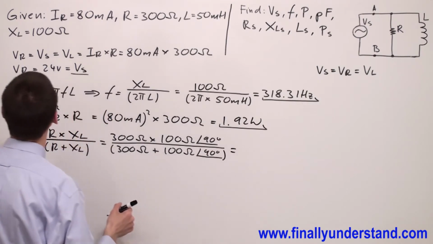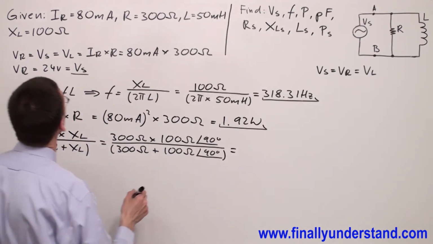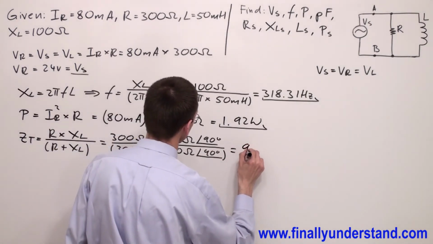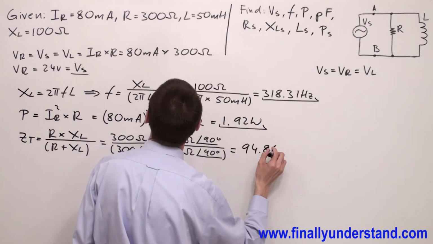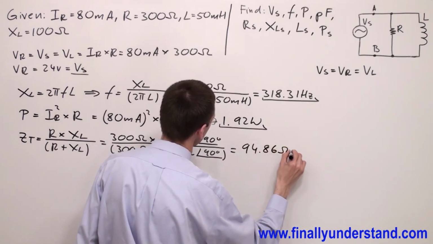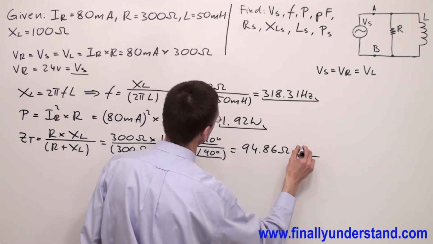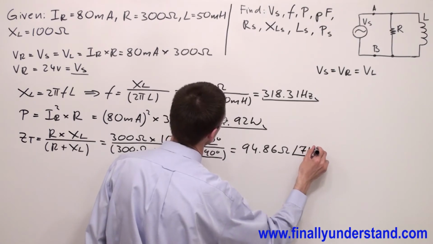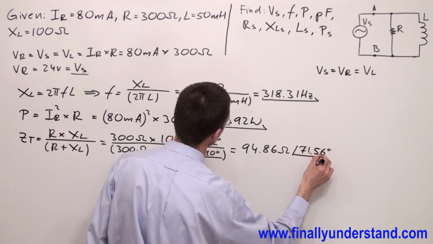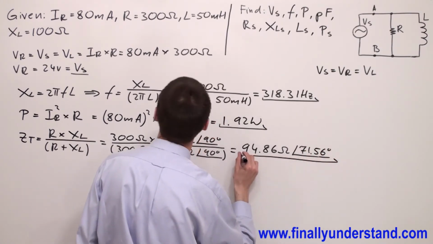So my Z total is equal to 94.86 ohms, at an angle of 71.56 degrees. This is my Z total.